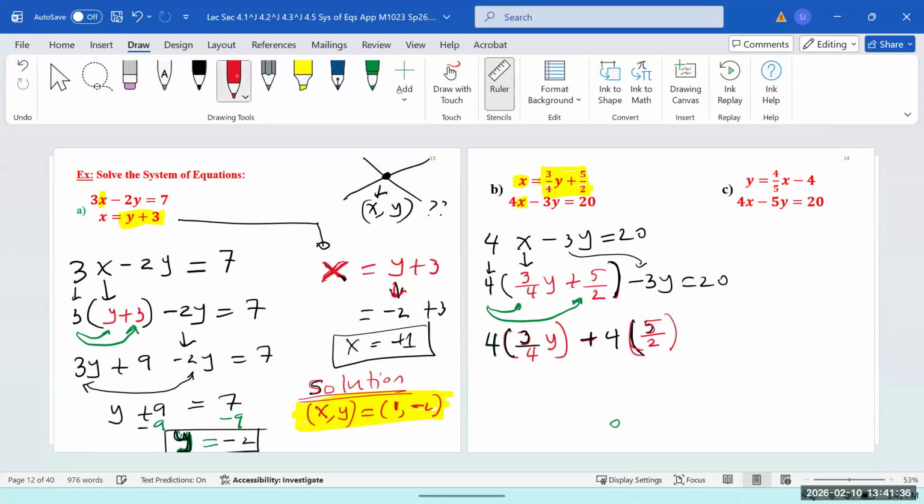So distribute the 4 to both terms inside. And outside we still have our minus 3y equals 20.